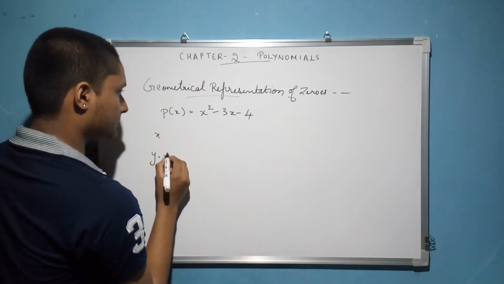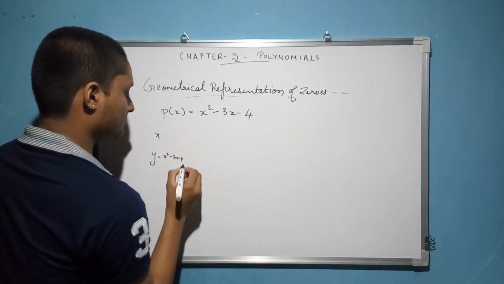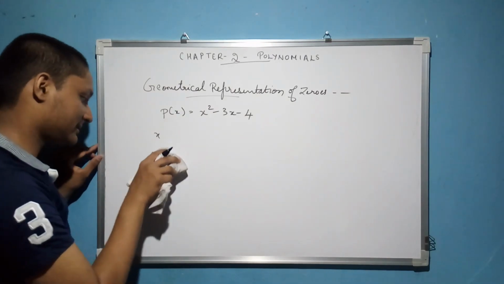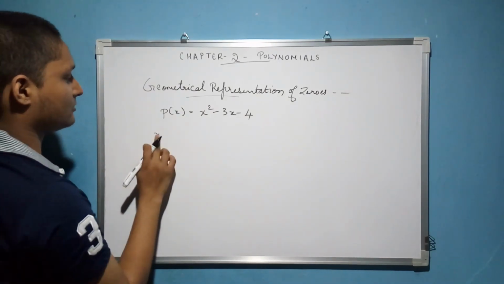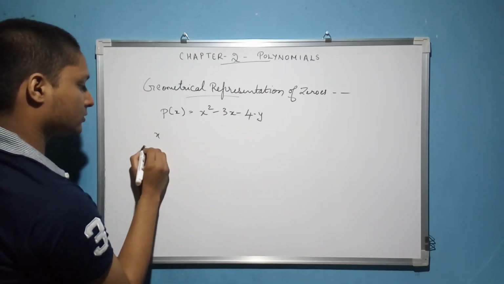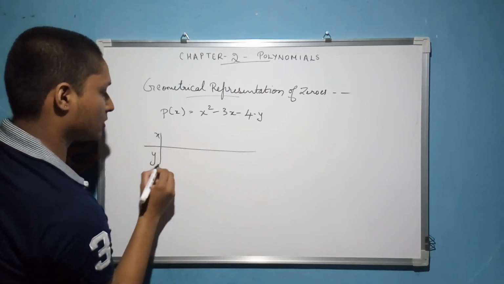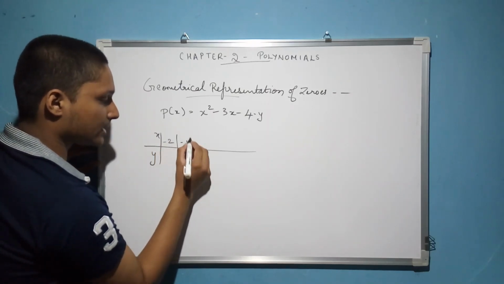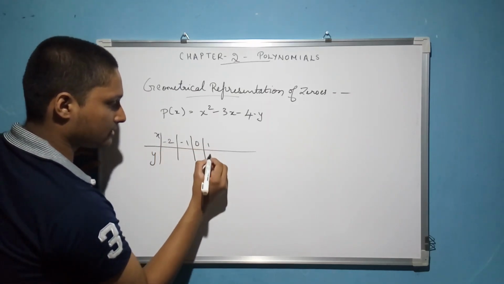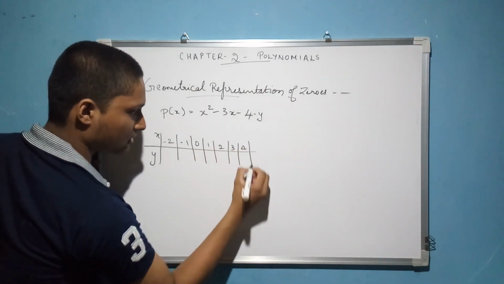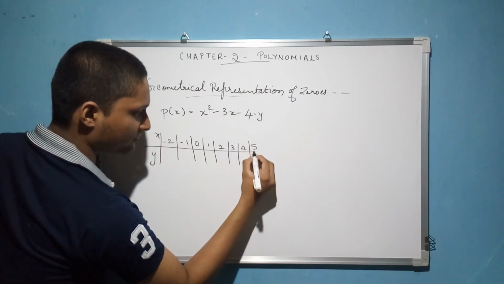y is equal to x square minus 3x minus 4. I think you know this, I'm not going to write that again here. So we need to get a number of points because it's not going to be a simple graph. Let me start with -2, -1, 0, 1, 2, 3, 4, 5.